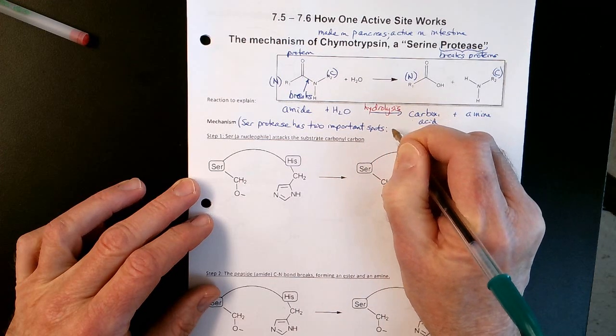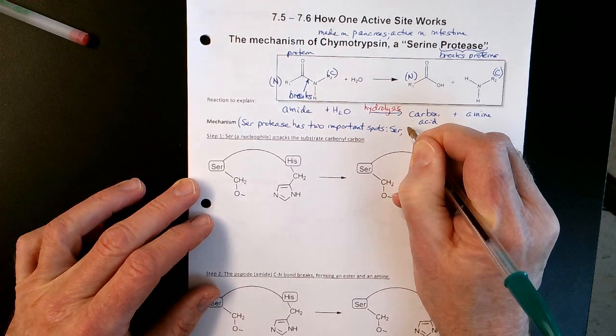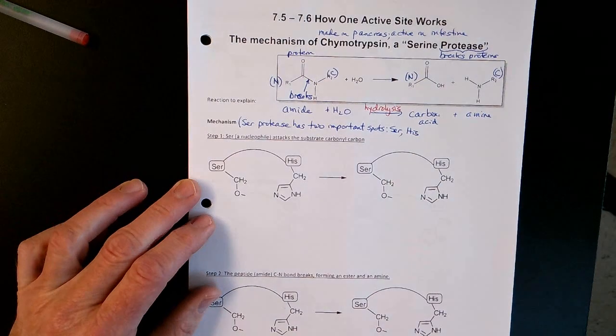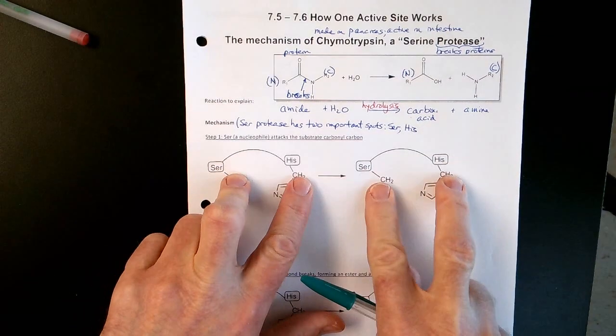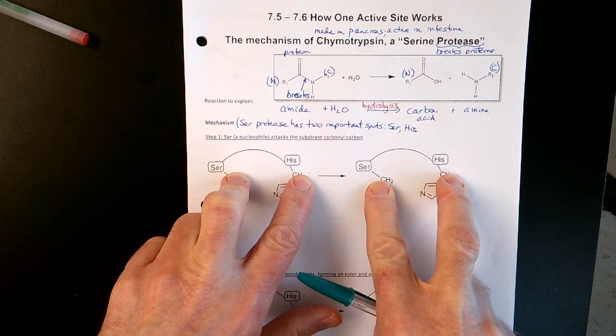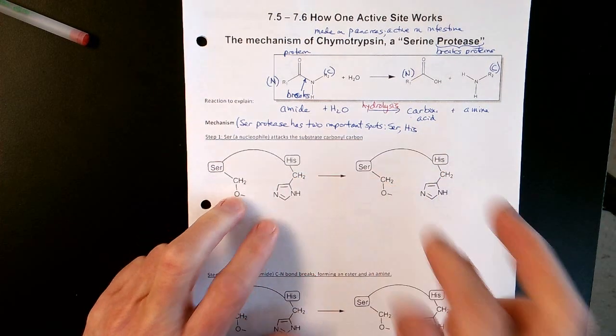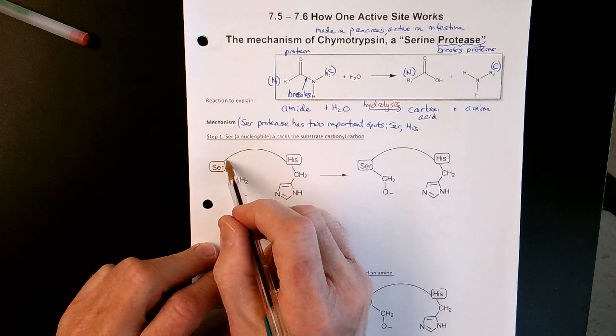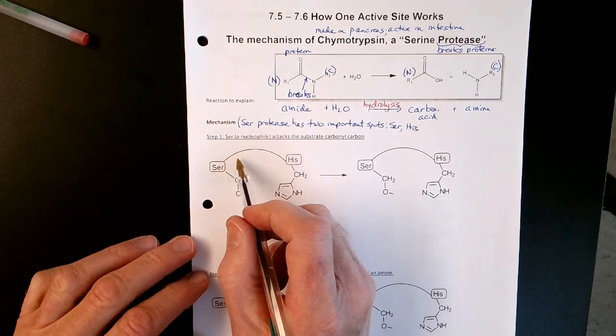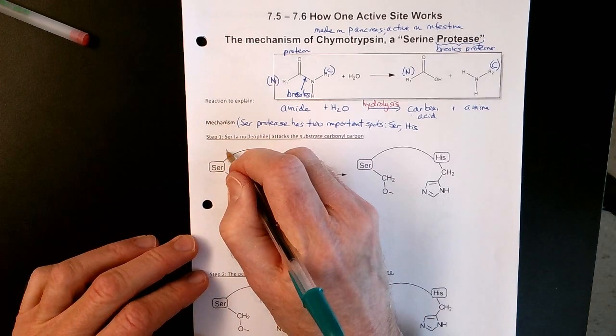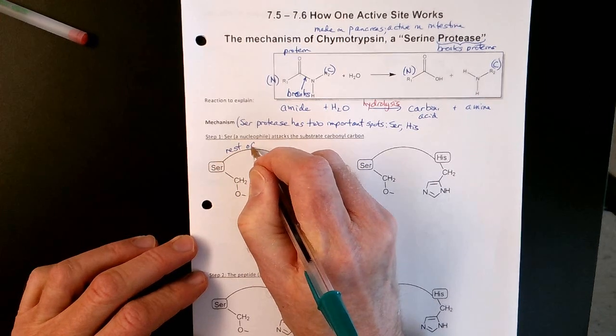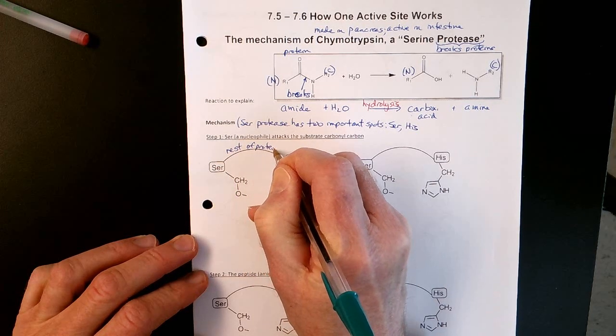The ones shown here are serine and histidine. This set of 2 is always going to be important. Somewhere between the 2 of them there's other stuff in the protein. That's why this is in here. But don't worry about that.